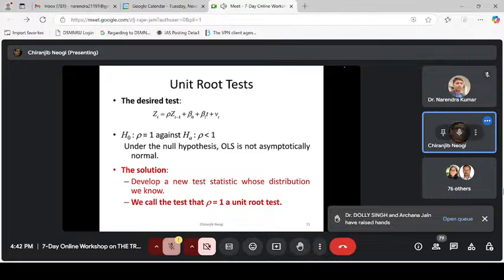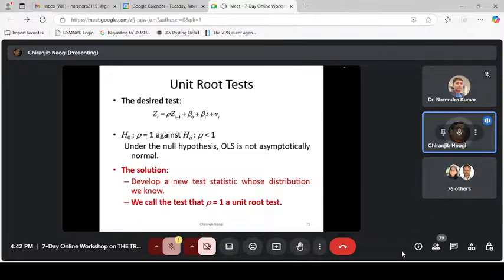From those informal tests, I can get an idea whether the series is stationary or not. But there is a formal test which we call the unit root test. This unit root test is a formal test of knowing whether the series is stationary or not.